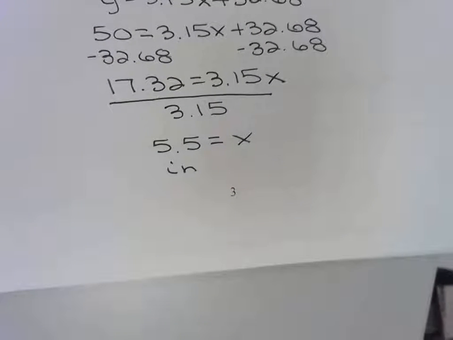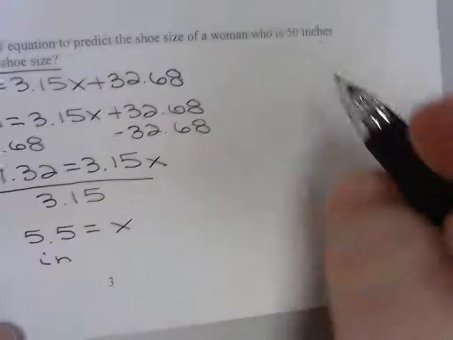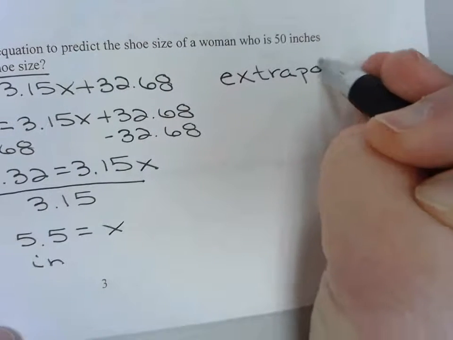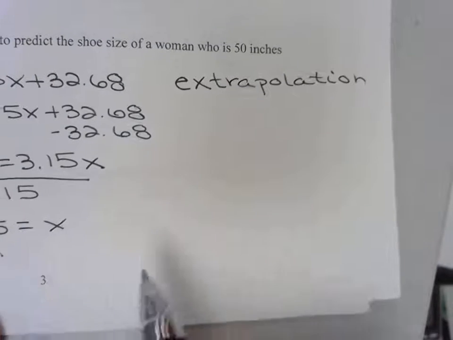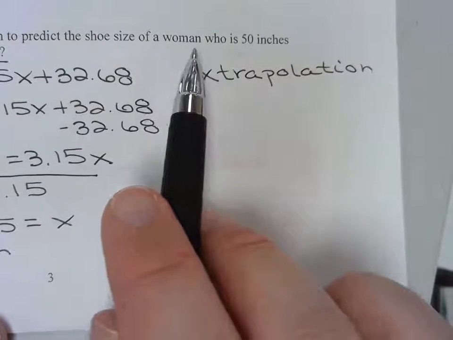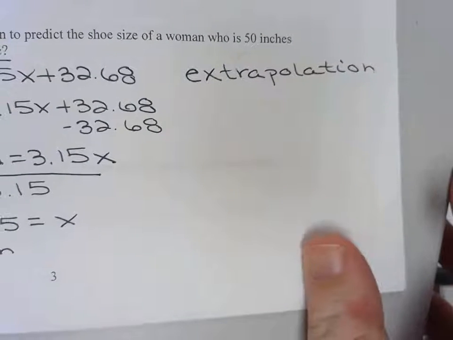Okay. Now, real quick, in the homework, it's going to ask if this is an extrapolation or interpolation. So I'll write these words, and we'll talk about it in a second. This is an extrapolation, because we want to see if it's in my table or not. This is 50 inches and a shoe size of 5.5 inches.